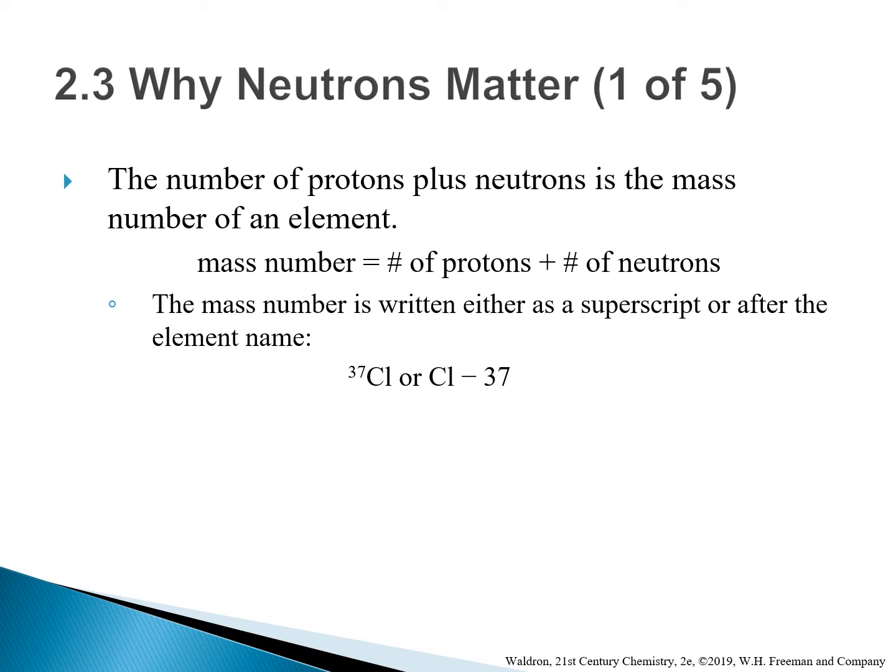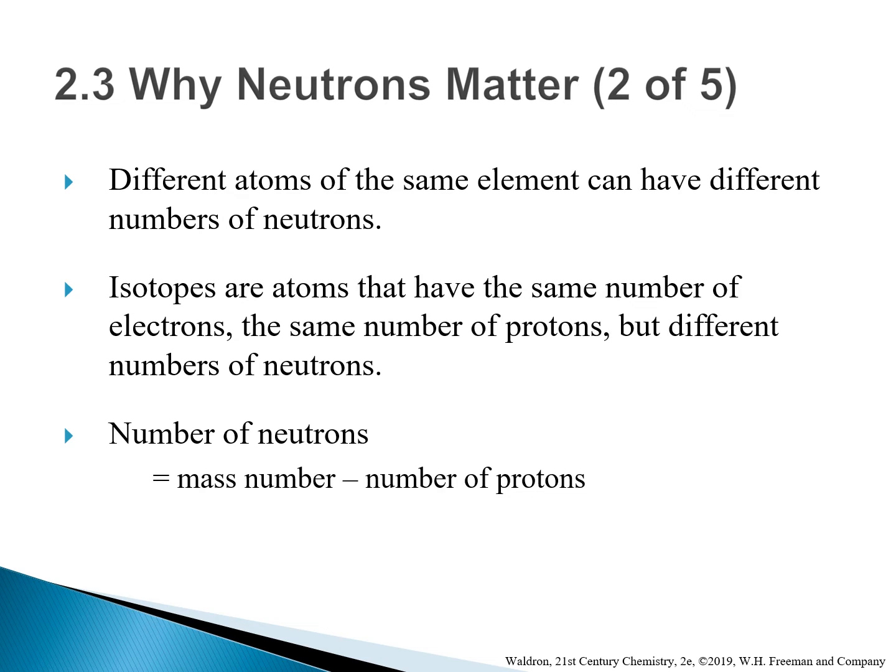The number of protons plus neutrons is the mass number of an element. The mass number is written either as a superscript or after the element name. The element below is called chlorine-37. Different atoms of the same element can have different numbers of neutrons. Isotopes are atoms that have the same number of electrons, the same number of protons, but different numbers of neutrons.